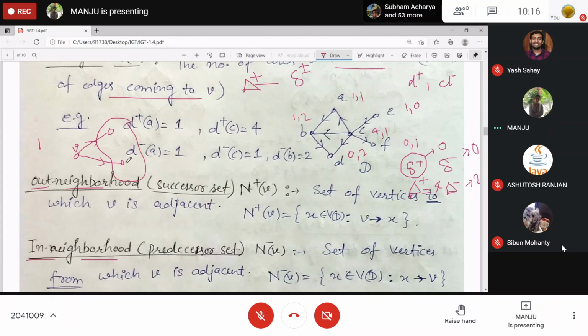So all those X will come in the out neighborhood of V such that there is an edge from V to X, that is going out, or you can just say which are adjacent from V. If V is this one and X is here, then we say X is adjacent from V and V is adjacent to X. Clear?